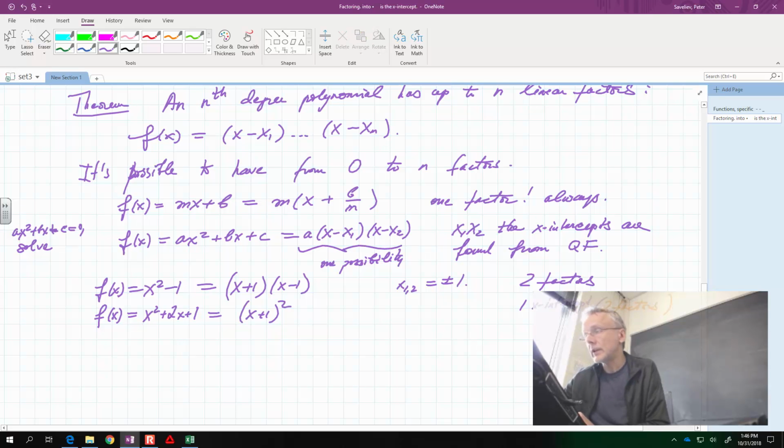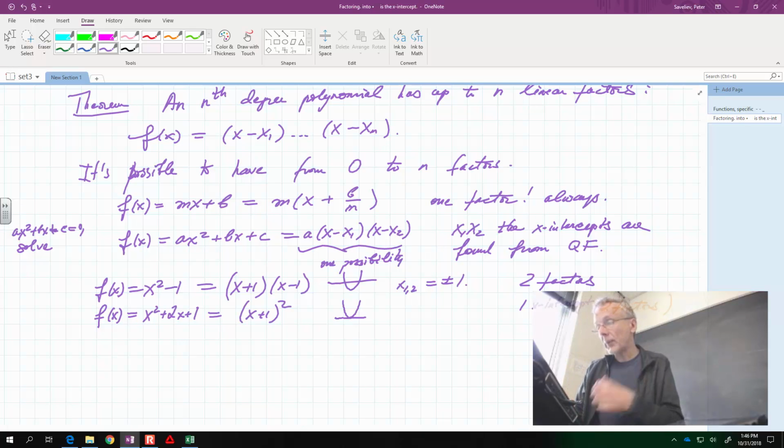It touches the x-axis, so there's only 1 x-intercept, in contrast to the first one, but there are 2 factors, even though it's the same factor appearing twice. We call it multiplicity. So the multiplicity is 2.